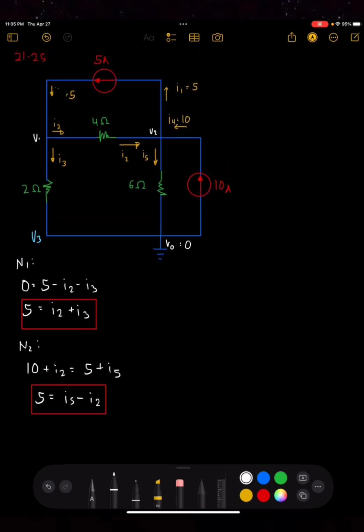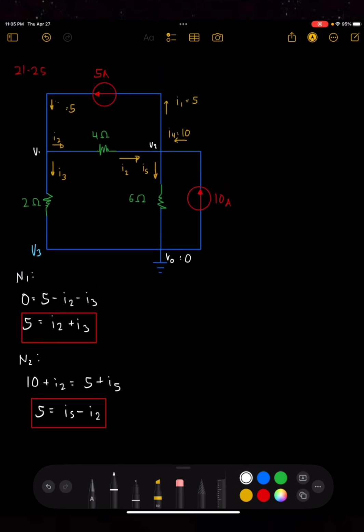After naman yan ay gagawan natin ng equation yung mga nawawalang I or amperes. So, magiging I2 is equal to V1 minus V2 over 4, which is yung resistance.